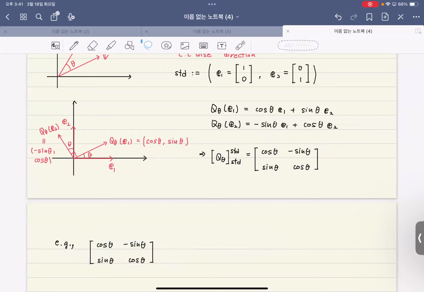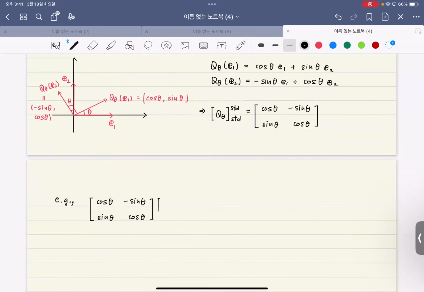Suppose that you have a vector (a, b). You know what I mean. Suppose that you want to rotate the vector (a, b) by theta radians counterclockwise. Then what is the resulting vector? If you want to compute this, all you have to do is multiply the column vector (a, b) to the right of this matrix. Then this is a cosine minus b sine, and a sine plus b cosine.